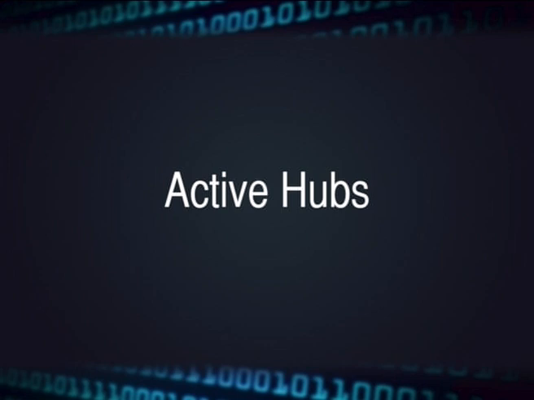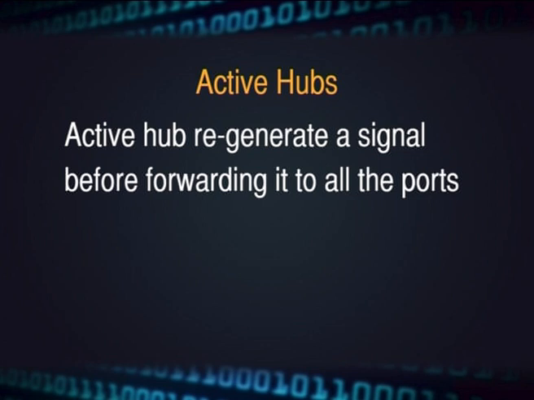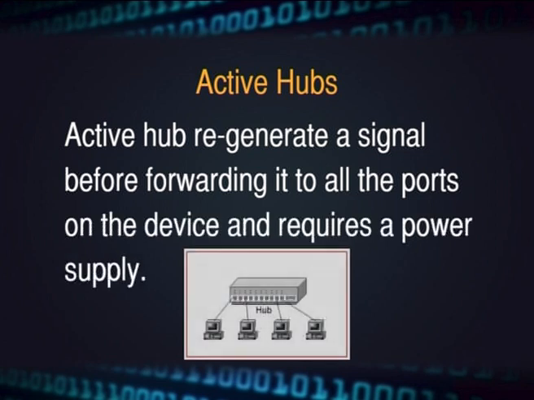Active hub regenerates a signal before forwarding it to all the ports on the device and requires a power supply. Due to the inefficiencies of the hub and the constantly increasing demand for more bandwidth, hubs are slowly but surely being replaced with switches.